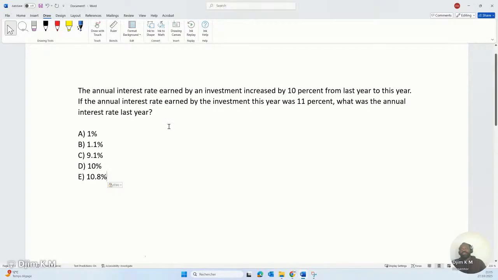So the question says the annual interest rate earned by an investment increased by 10% from last year to this year.